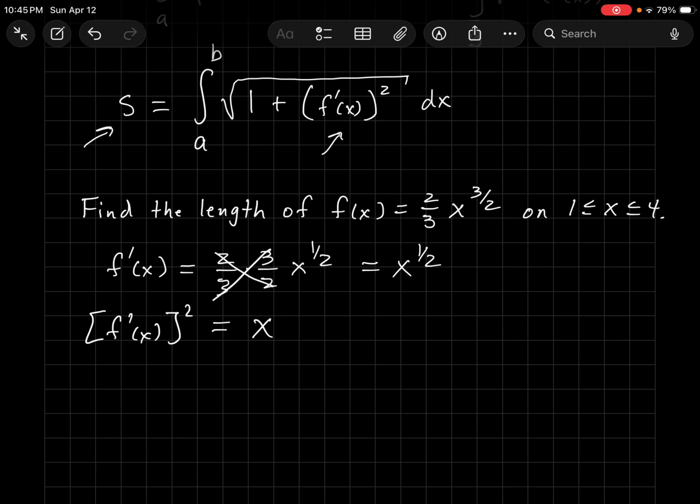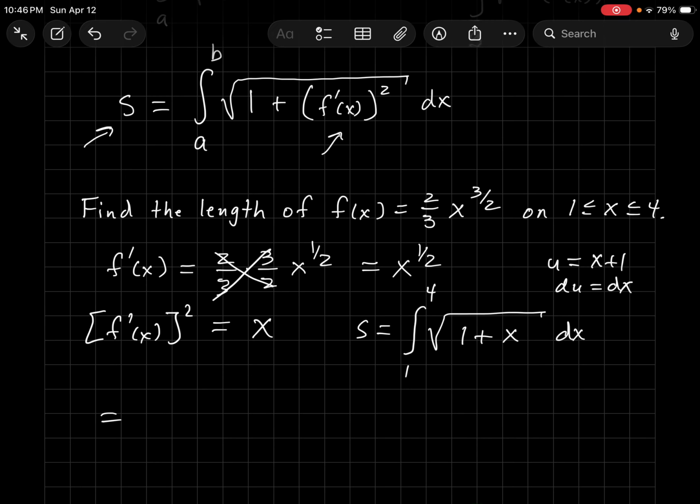And then I can plug in to get my arc length, which is the integral from 1 to 4, because I gave that interval, of what? Well, root 1 plus f prime squared dx. This is technically a u sub, but we can do without a u sub because u is x plus 1 and du is dx.